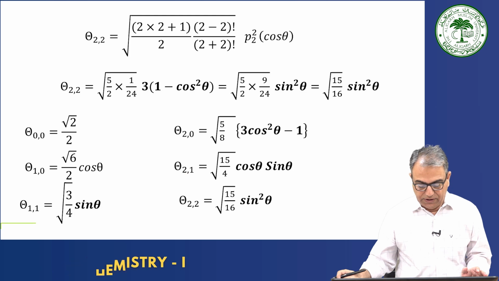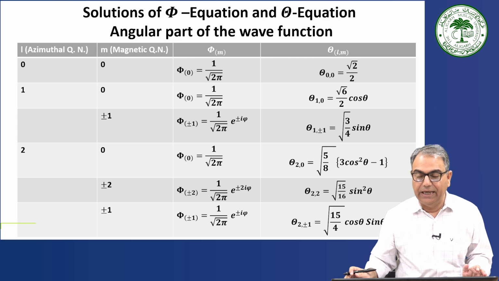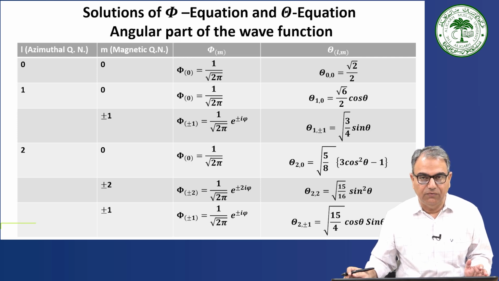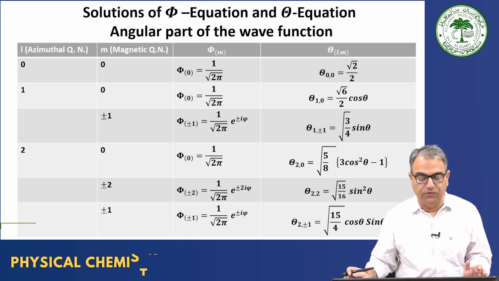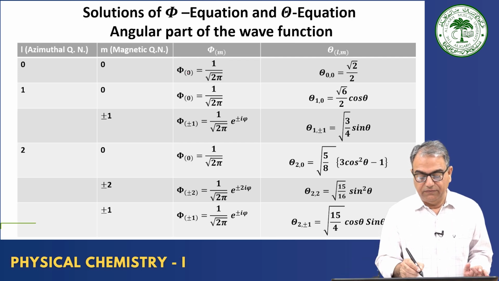We talked about these solutions, and the rest of the solutions are also there, P22 up to this one. So this table tells you the solution of the phi equation and the solution of the theta equation, the angular part of the wave functions, we say. Okay, because both are angles. We did not talk about radius in the rigid rotor. We talked about only the angles theta and phi equations. So if you look at the phi equations, for m equal to 0 it was 1 by root 2 pi.